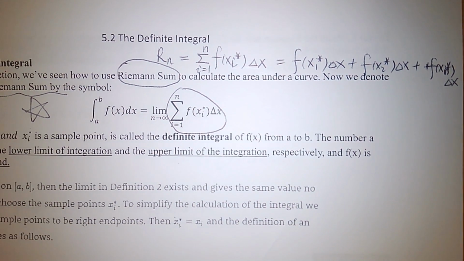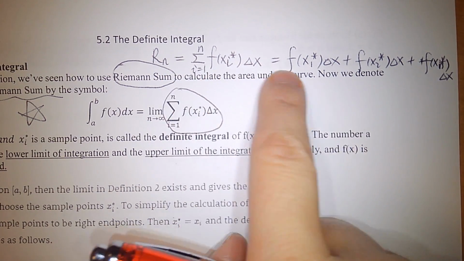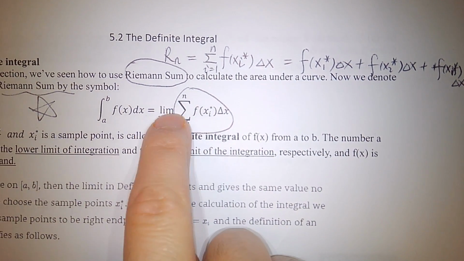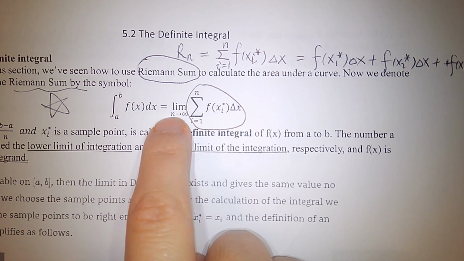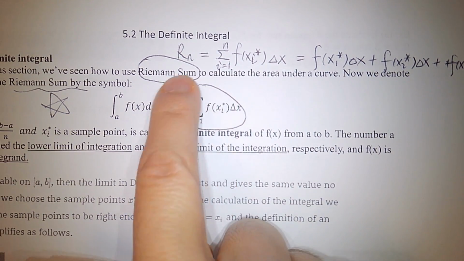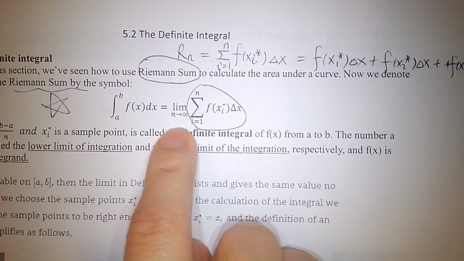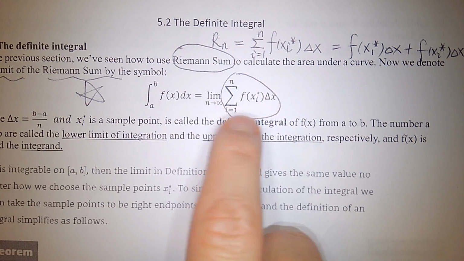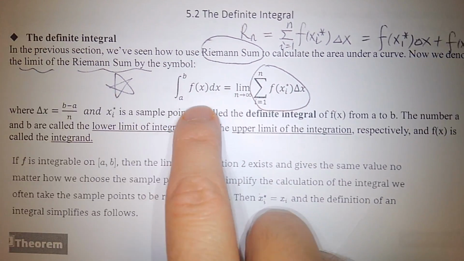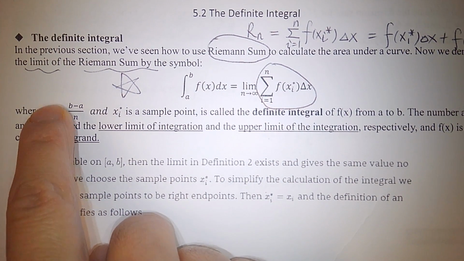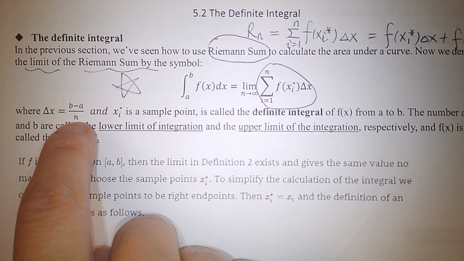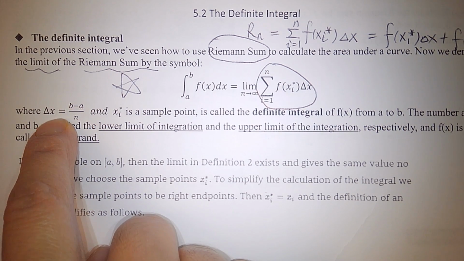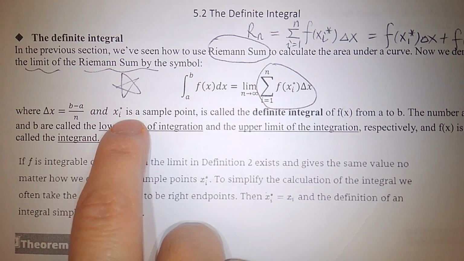Later when a question asks you about the Riemann sum, you have to know that your Riemann sum is this. And the limit of the Riemann sum when n goes to infinity, this whole thing, we denote with the definite integral notation, where delta x equals (b minus a) over n. Delta x is the length of each sub-interval, and xi star is a sample point.